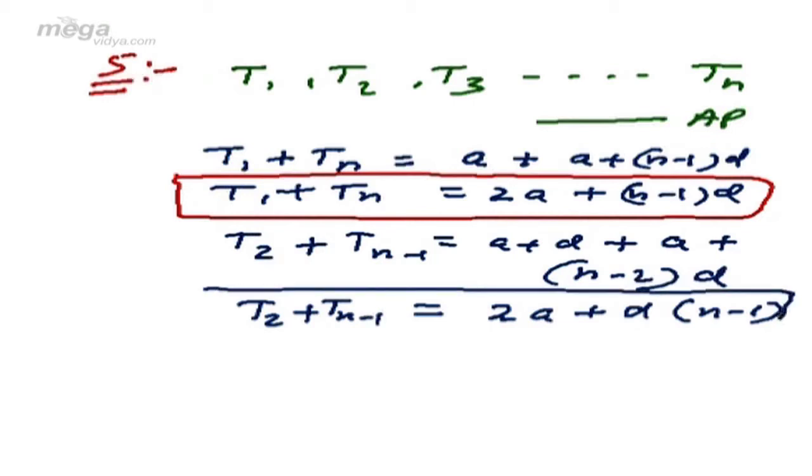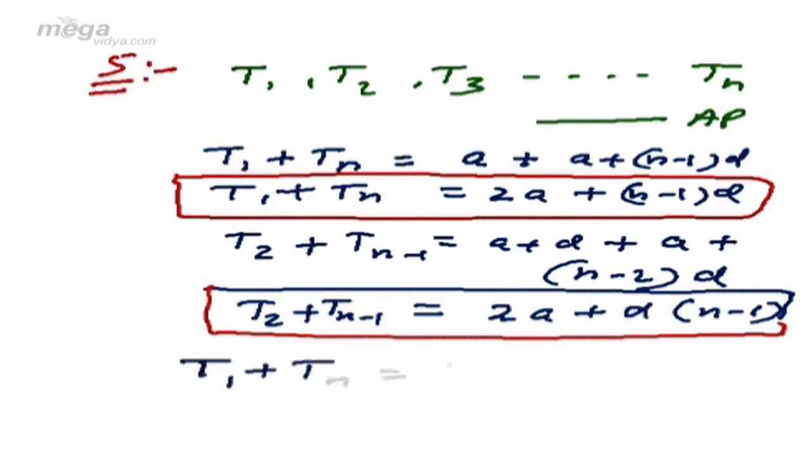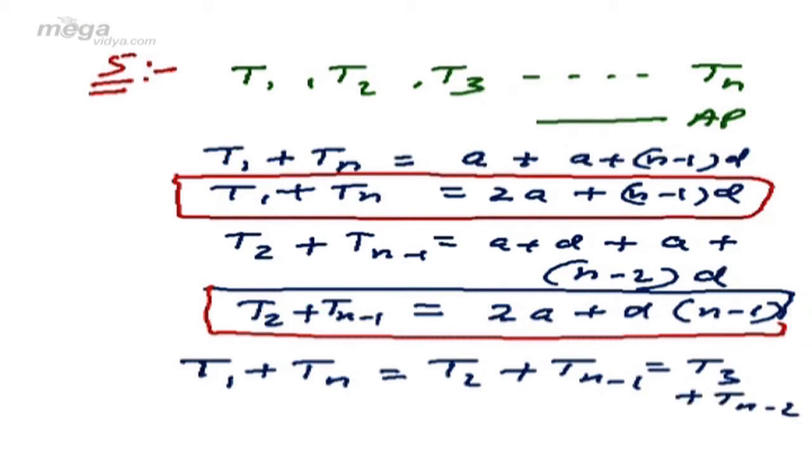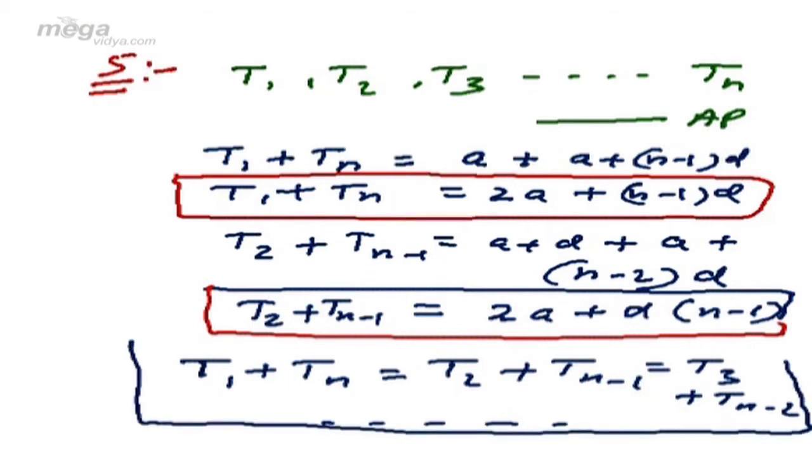This is the sum of the second and second last term. According to this, T1 plus Tn is equal to T2 plus Tn minus 1 is equal to T3 plus Tn minus 2 and so on. This will be equal.